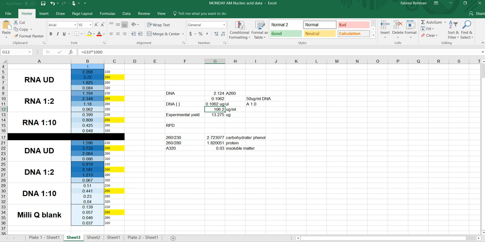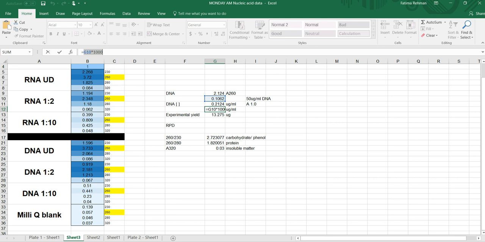because this was my 50% DNA sample. So the actual concentration is going to be the number that you had gotten multiplied by the dilution factor, in this case 2. That's the actual concentration of my DNA, not the 0.1062, and I apologize that I did not say that in the first video.